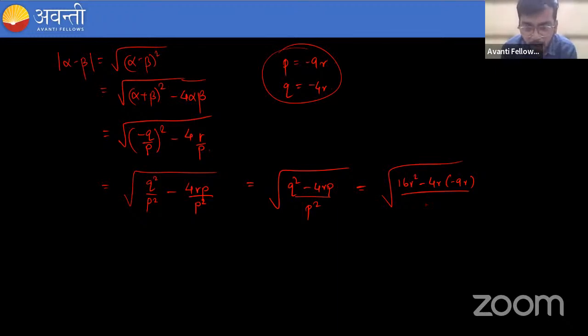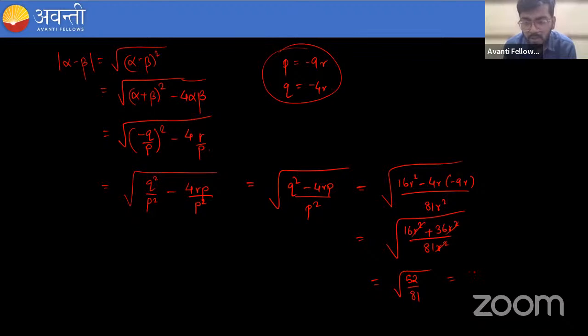You will get p square as 81r square. So now this will come out to be 16r square plus 36r square upon 81r square. So r square will get cancelled. So it will come out to be 52 upon 81.